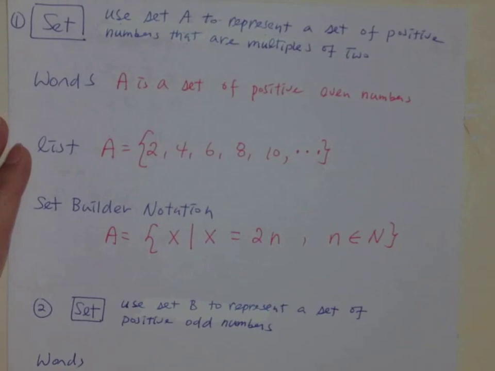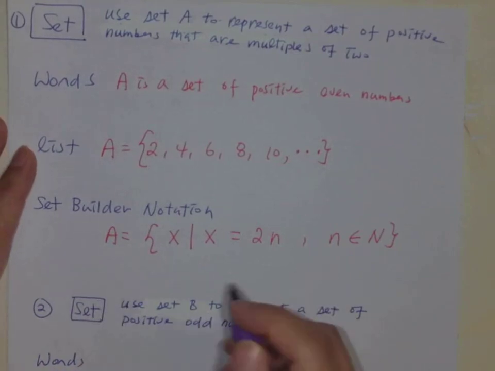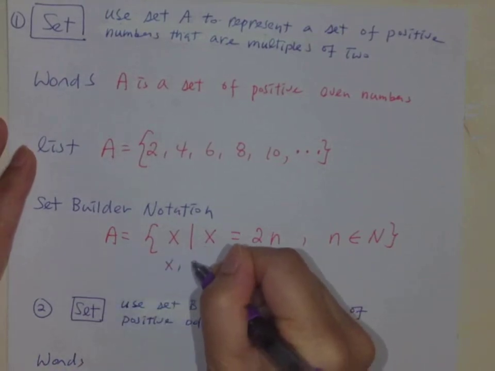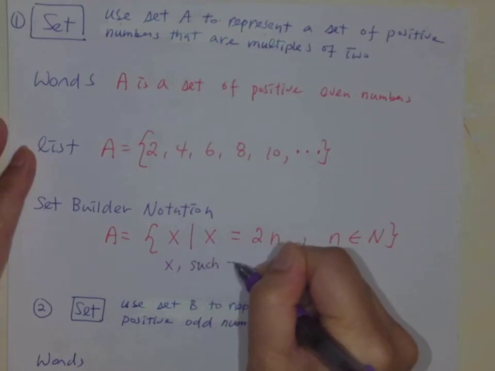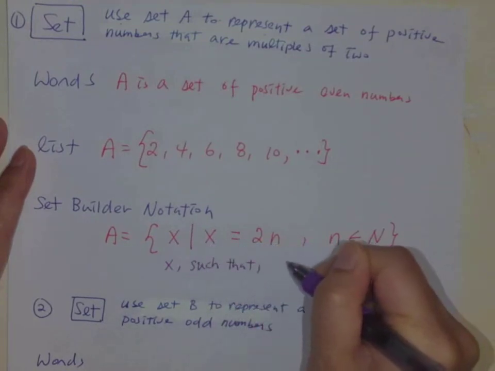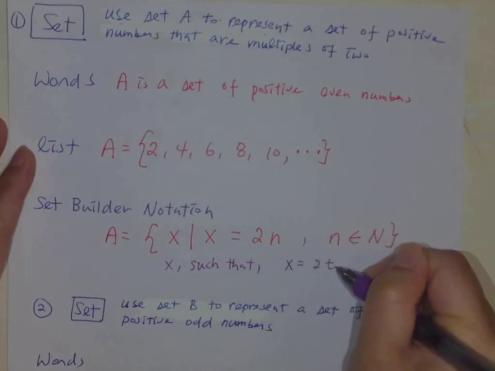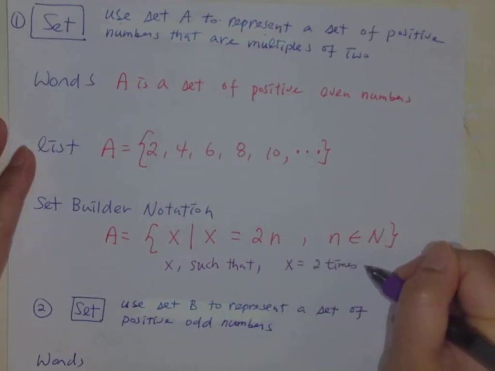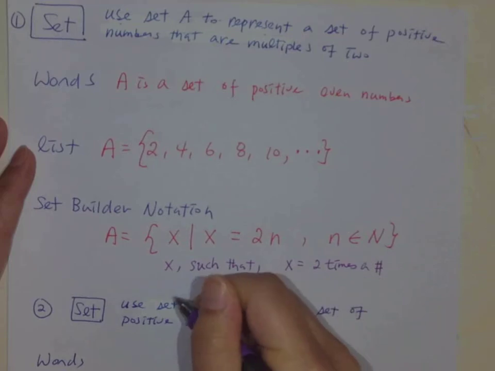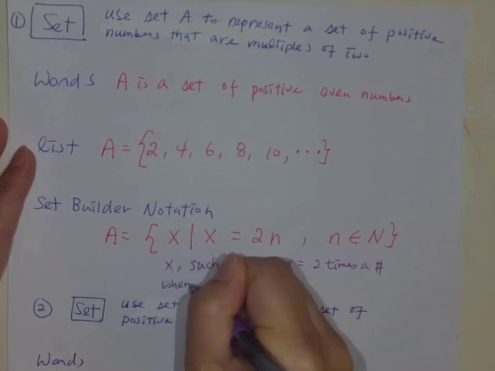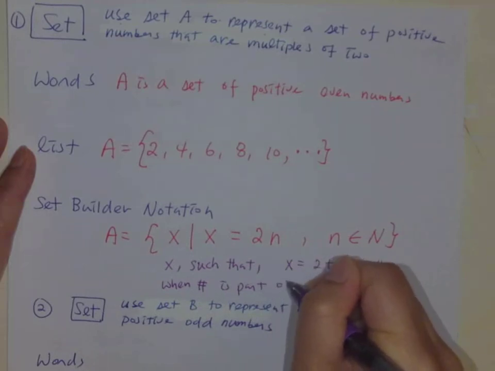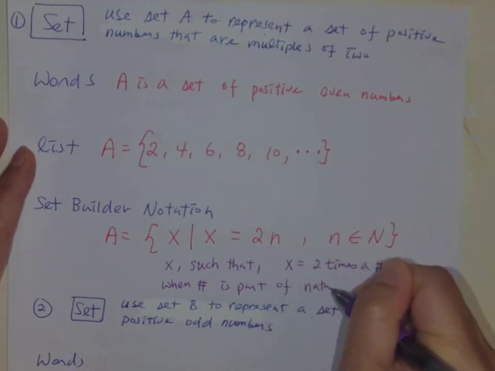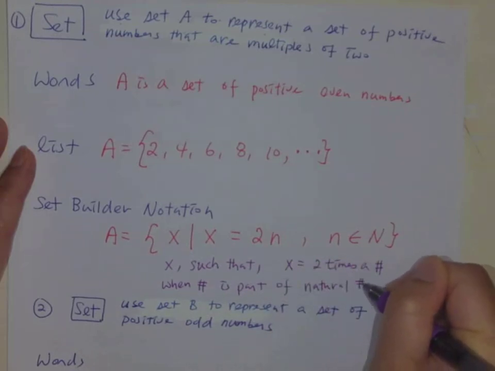So this means that x, the bar means such that, x equals 2 times a number when that number is part of the natural numbers.